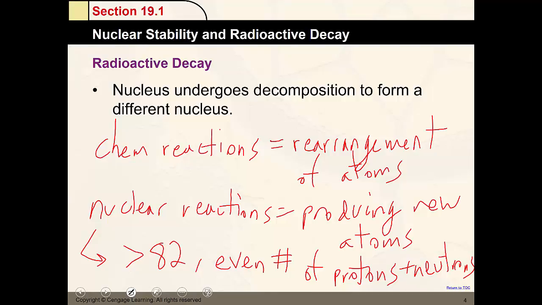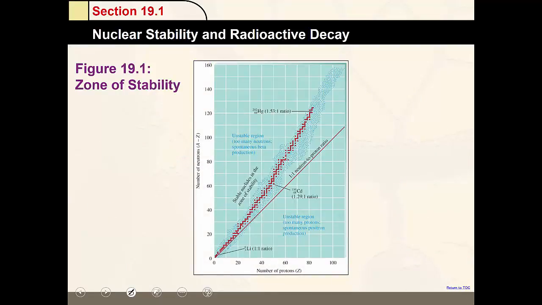Okay, so atomic numbers greater than 82, atoms are more likely to undergo radioactive decay, but then if they have even numbers of protons and neutrons, they are more likely to be stable. So still always in these different types of radioactive decay, still mass is conserved.